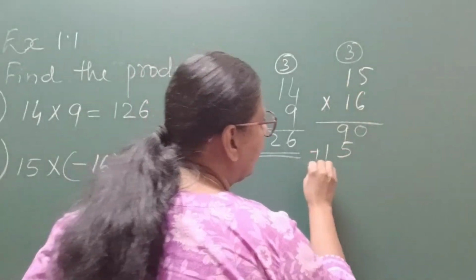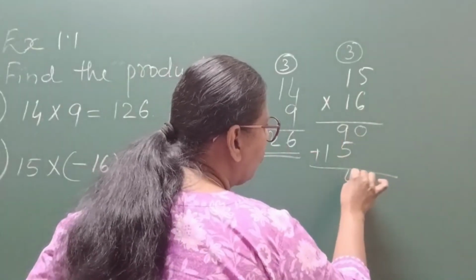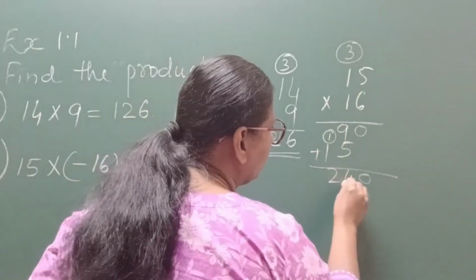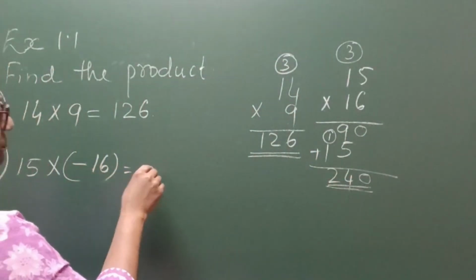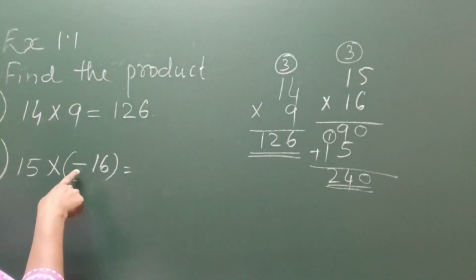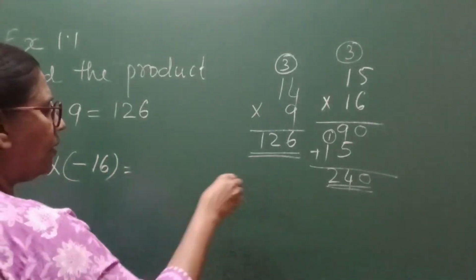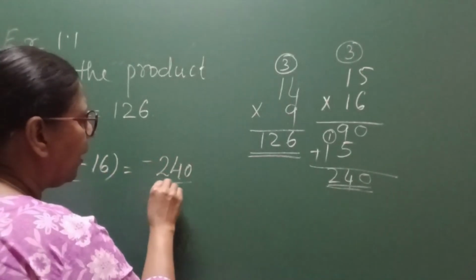Then do the addition. 0, 9 plus 5, 14, 1 balance, 1 plus 1, 2. Here we got the product 240. One is a negative integer, so the product will be negative. Minus 240 is the answer.